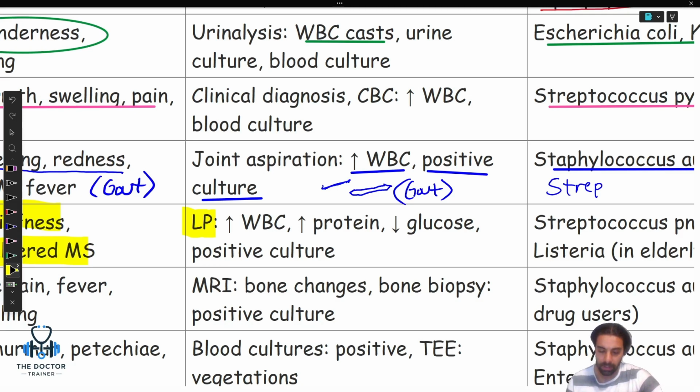If you have a bacterial infection, the glucose will be low and the protein will be high. If it's a viral meningitis, the glucose may not be low, it might be normal. And if there are RBCs in the tap and it's not a traumatic tap, then I think of herpes simplex virus.